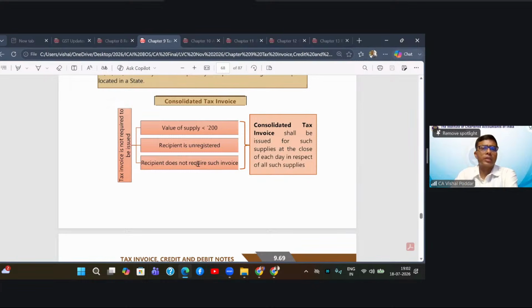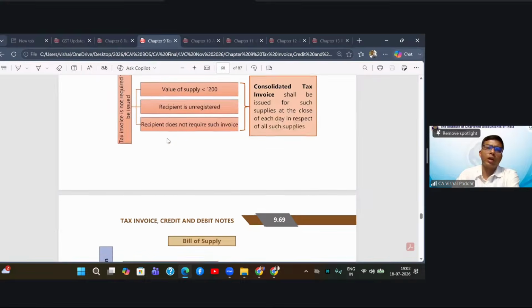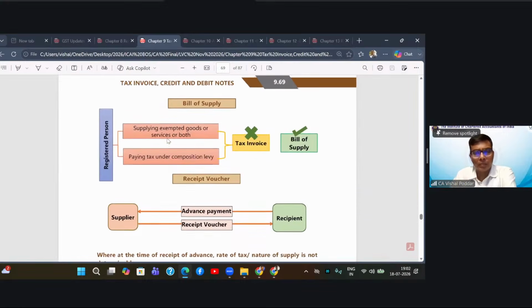When all these conditions are satisfied, the law says I need not prepare independent invoices for small values. Instead, at the end of the day, I can consolidate all the invoices and prepare one invoice for the day. So this consolidated tax invoice concept is applicable wherever I have small value supplies to unregistered recipients.